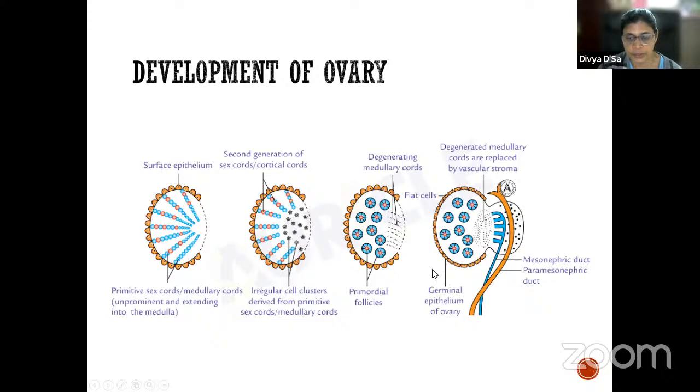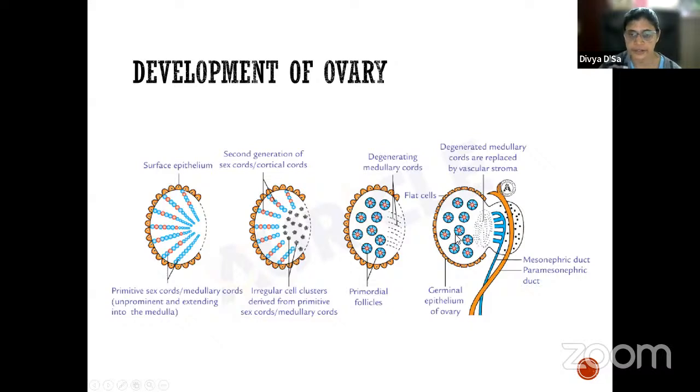The mesoderm later forms a thin connective tissue covering the ovary, not a thick one, and it also forms the connective tissue stroma of the ovary.